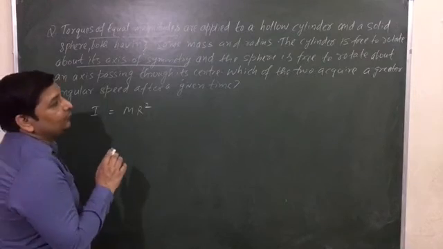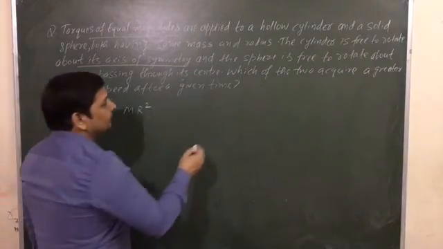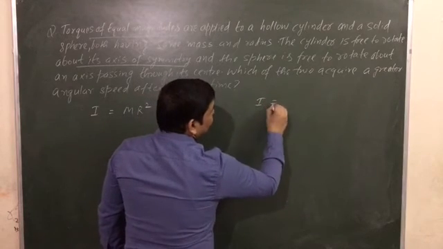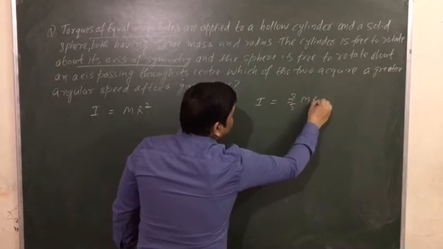The sphere is free to rotate about an axis passing through its center. Then the moment of inertia of the sphere is given by 2 by 5 mr square.